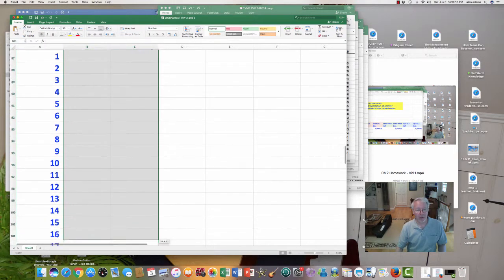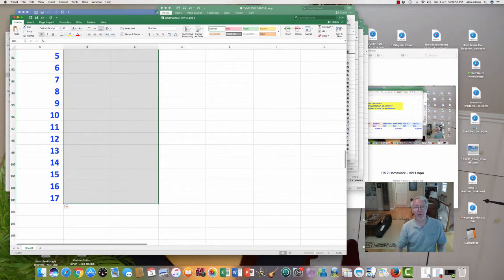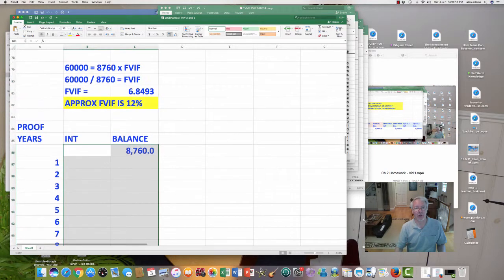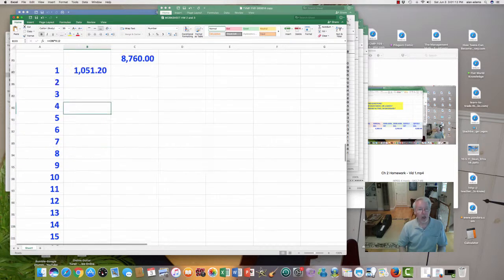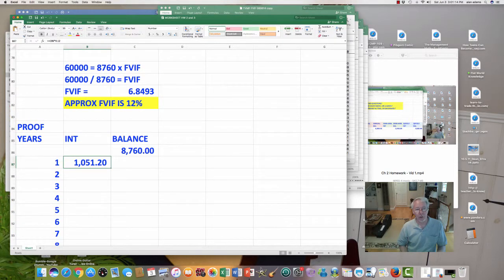The amount of interest, I'm going to put 2 decimal places on this because my proof is that this should grow to $60,000. In year 1, if I am earning 12%, that's what I'm trying to prove. I think my answer is 12%. So I'm going to take 8,760, multiply it by 0.12, and if I'm right, that is how much I should be making every year, 12%.